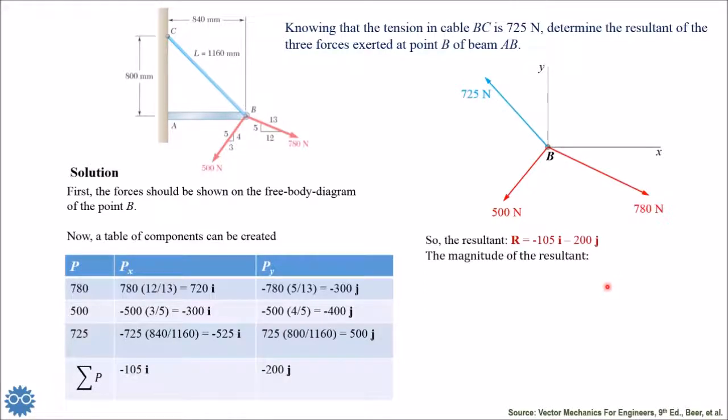Now, the magnitude of the resultant can be computed simply by the square root of the sum of the squares of the two components. So directly we can get the value R equals 225.9 newtons, or 226. You can round it up, no problem.